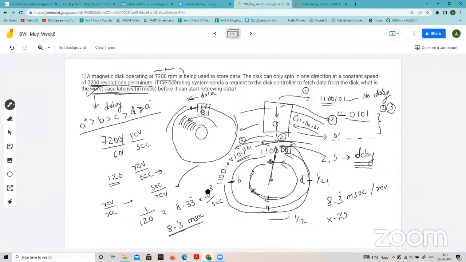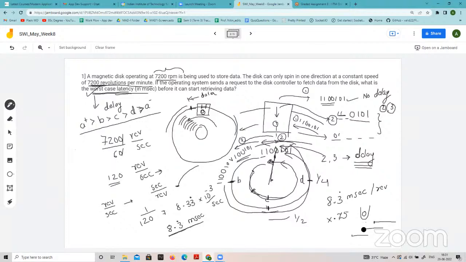Where is the starting point? If this is the reader, the three conditions I need to consider are the data before, exactly at the reader, and after. This is the starting point, data follows, and we are not bothered about the length of data, how many bits there are. We are only bothered about the head. If the data is just below and the reader is yet to retrieve, no issues, because it can still start retrieving the data.